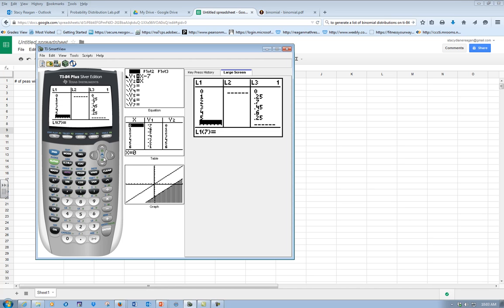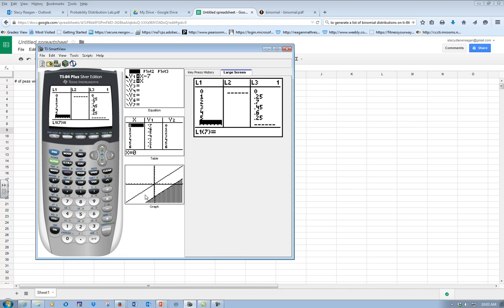Now, we want to use the same type of commands that we had in Google, except the order's a little different on the calculator. In the calculator, you have to put N, which is the number of trials, P, which is your percentage, and X, which is the one that you're trying to look for the probability.